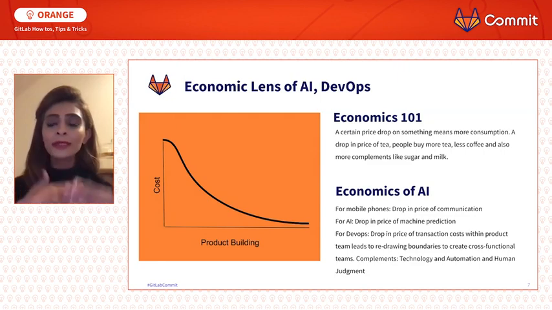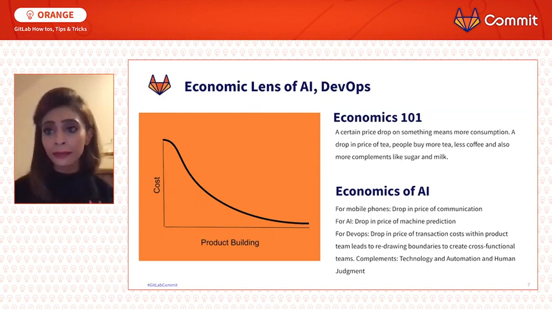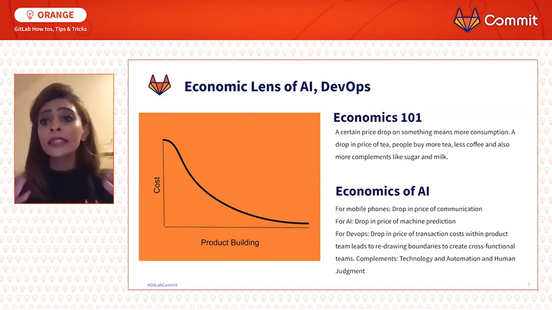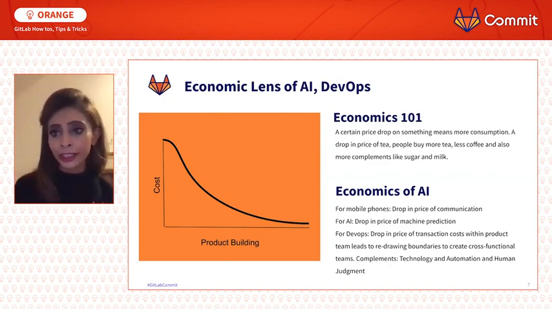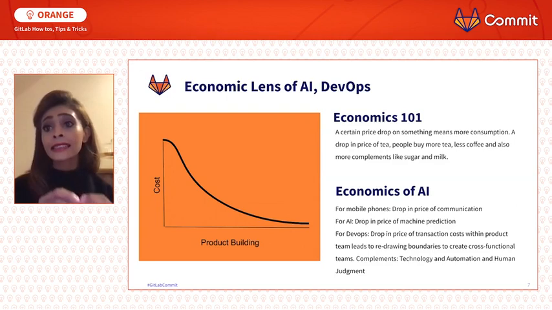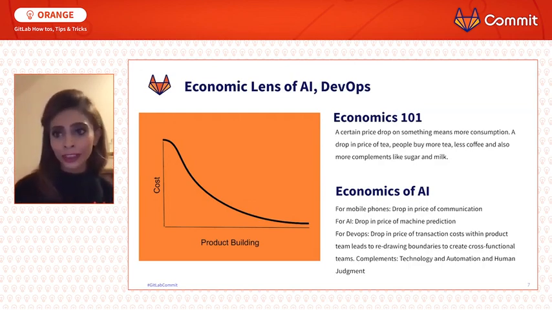When we look at mobile phones, what we see is a drop in the price of communication. When we look at AI, it is the drop in the price of machine prediction, where it substitutes for human prediction, and the complements are data and human judgment.